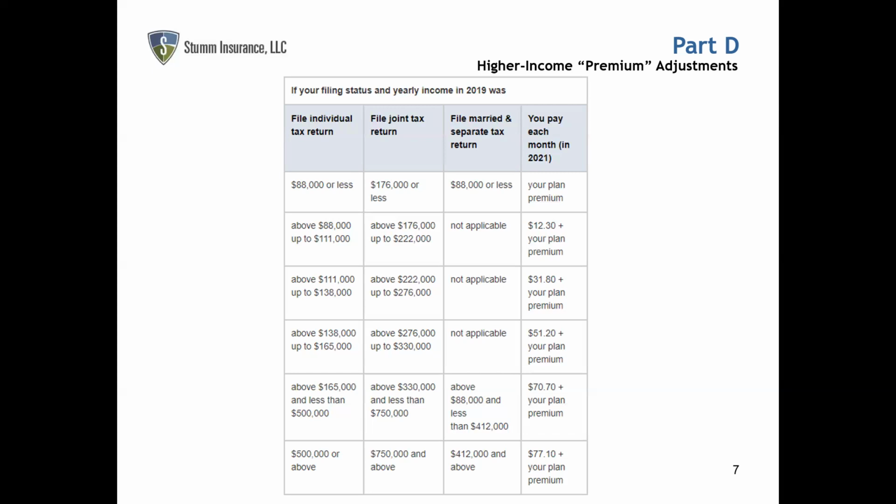Sometimes I recommend that to people where, let's say we're in 2022, they'll be looking at 2020, and all of a sudden your income is dipping way down, but it's going to take two years to catch up. You can apply then also.